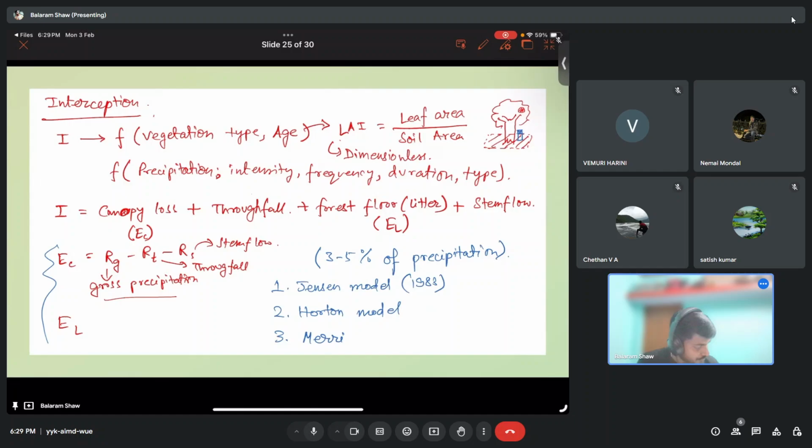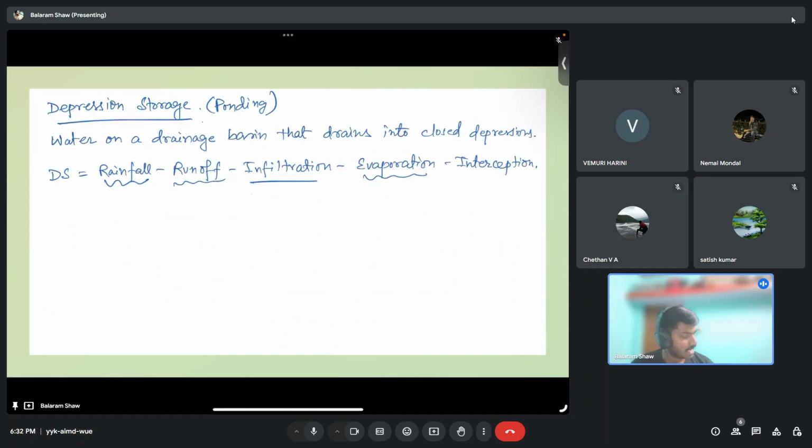This rainfall we have seen how to measure using a rain gauge or any other estimates. Evaporation also we'll see can be measured. The runoff also can be measured. And this infiltration and interception are estimated using some model. In interception we have just seen how we can measure or estimate, and infiltration also we'll see at the end.